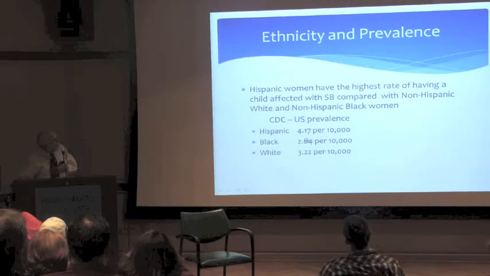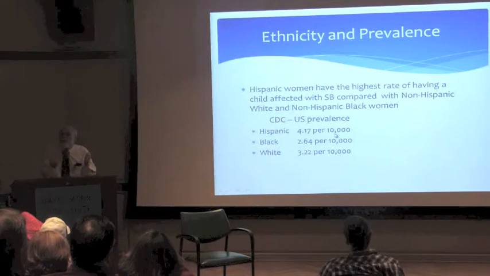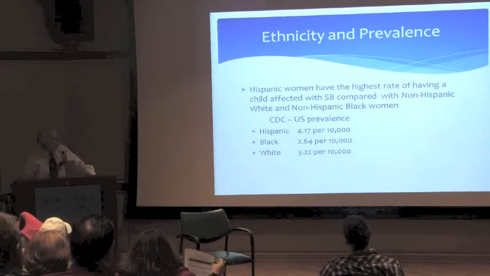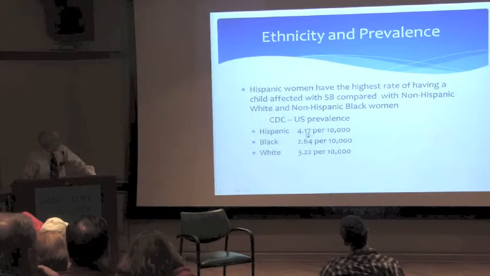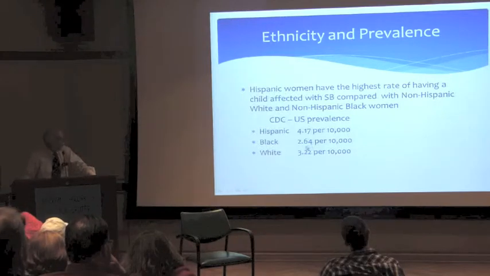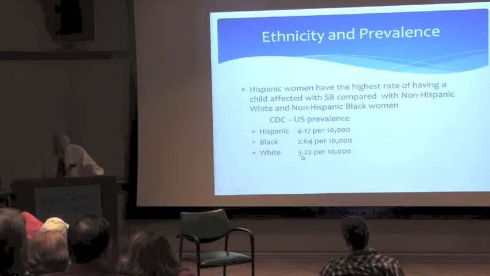This risk of 4 per 10,000 transfers to about 1 in 2,000, which is for spina bifida. Remember, the overall risk for all NTDs is about 1 in 1,300. But Latino families, including in Utah, this is US data, have an increased risk compared to African Americans and Asian Americans, and European Caucasians are in between.